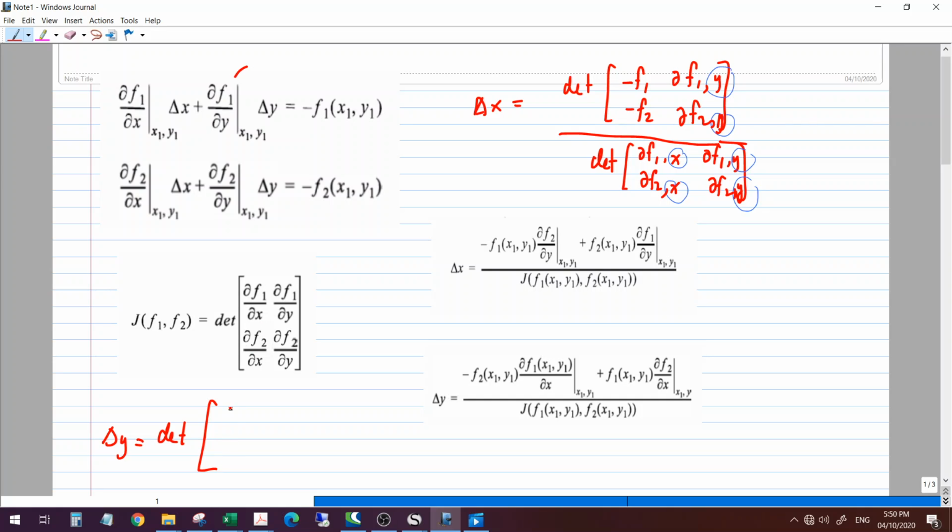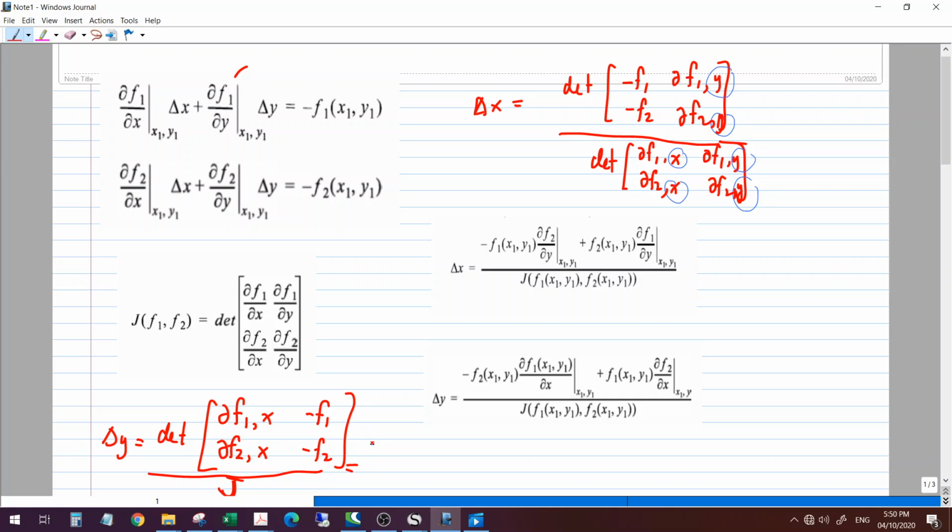So I put in df1 with respect to x and df2 with respect to x, and replace the second column by negative f1 and negative f2. And of course, over here is the Jacobian.